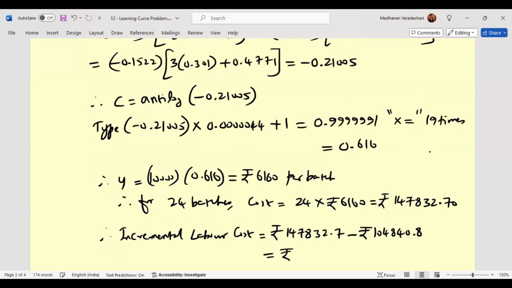If we subtract these two, we'll get approximately 42,992. That will be the solution for this particular question.